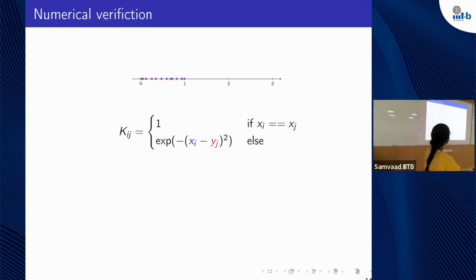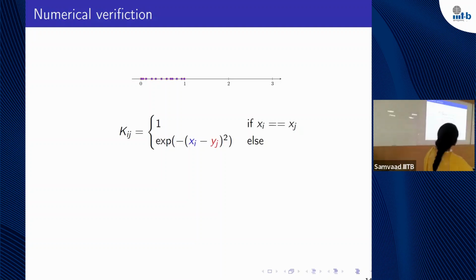And I'm going to now construct a matrix with this as the definition of the ij-th entry. And why have I considered this? If you remember, in Gaussian process regression, we had the matrix K plus sigma square I. So it is the same definition I'm using here. I'm exactly constructing the matrix that we have seen in Gaussian process regression.